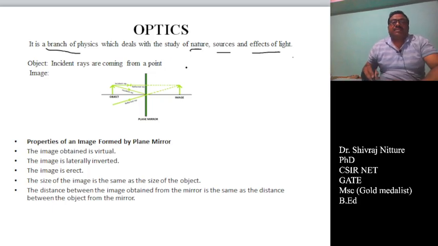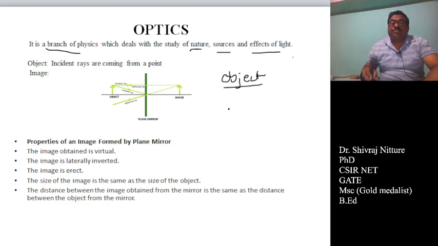First, I would like to tell you about the object and image in the case of ray optics. Object means anything from which the ray is coming.